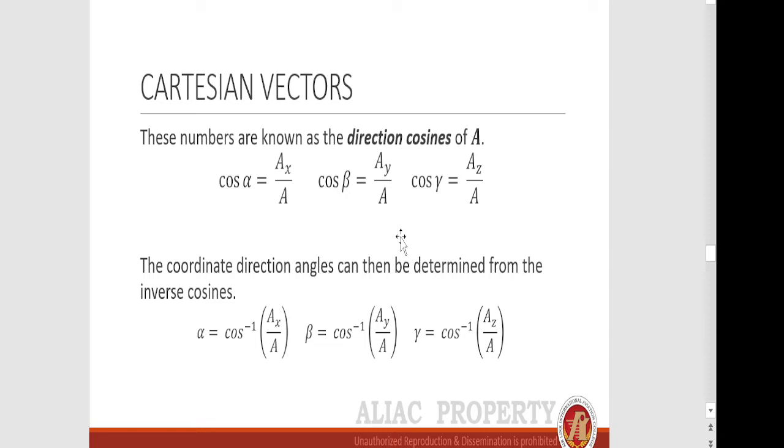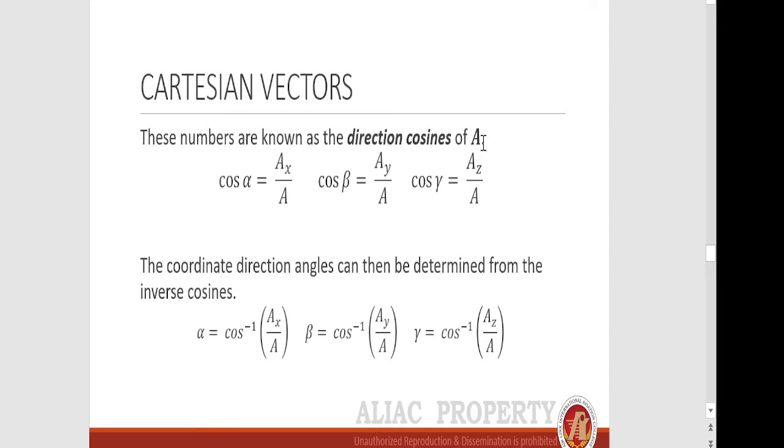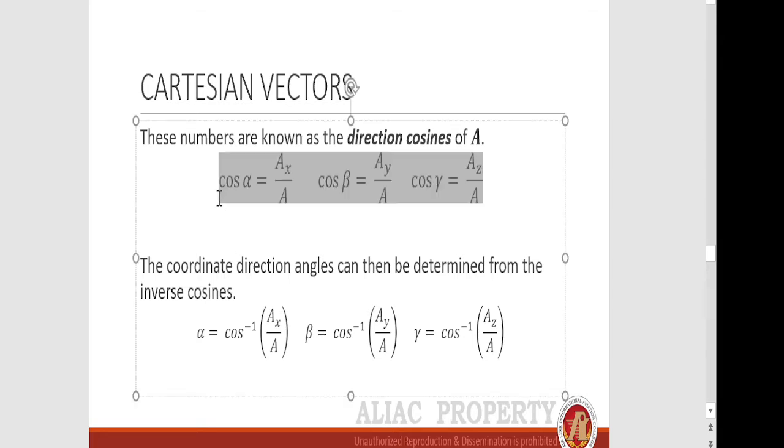These numbers are known as the direction cosines of the vector A. Cos alpha is Ax, the x component, divided by A. Cos beta is the y component of vector A divided by A. And cos gamma, since it's acting along the z-axis, is Az divided by A. So they are the direction cosines of the fixed vector A.